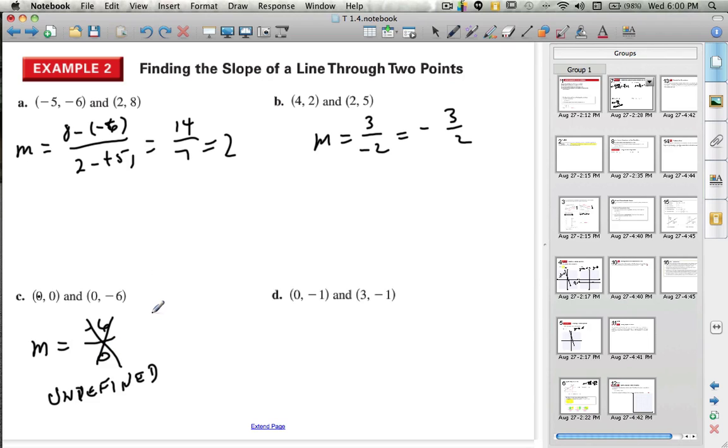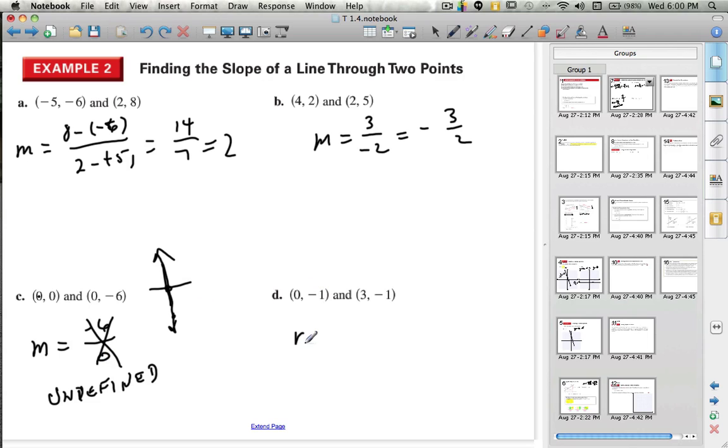If I thought about graphing these really quick, I'd be at 0, 0, and 0, negative 6. This is a vertical line. Right? When I try to find the run, there is no run, and that puts 0 in the denominator of my fraction, and I can't have that.